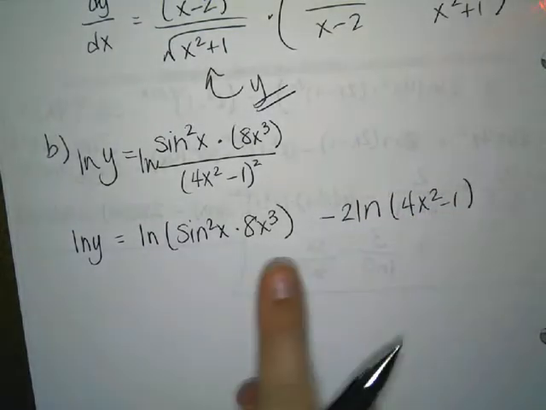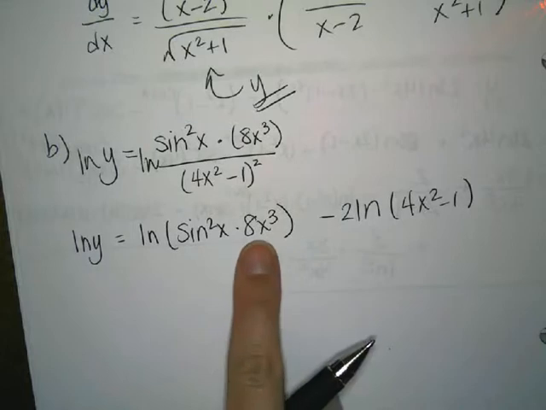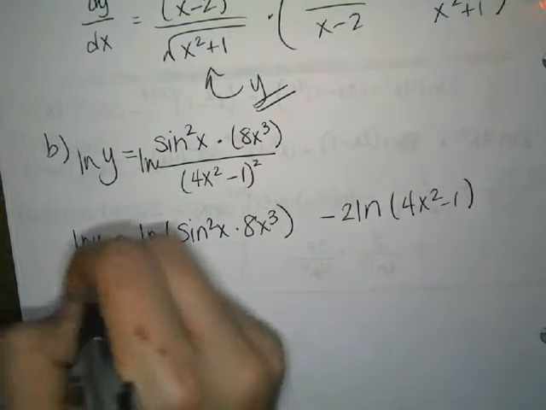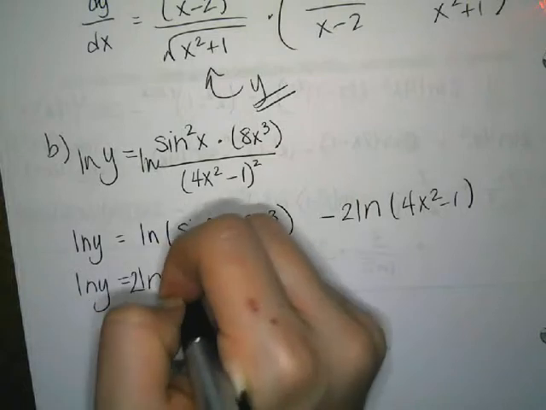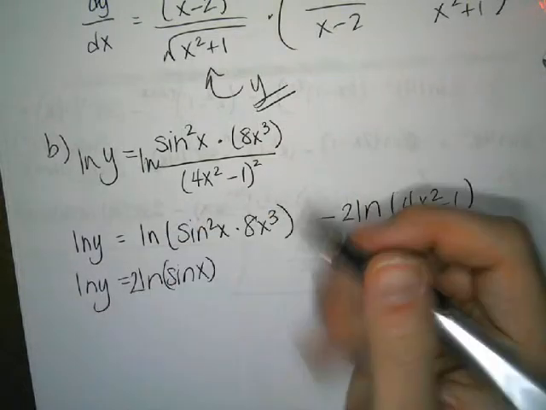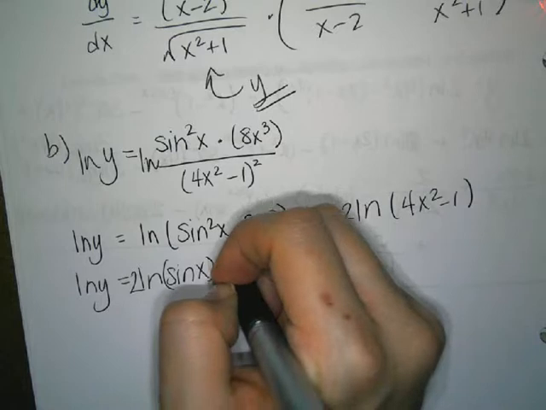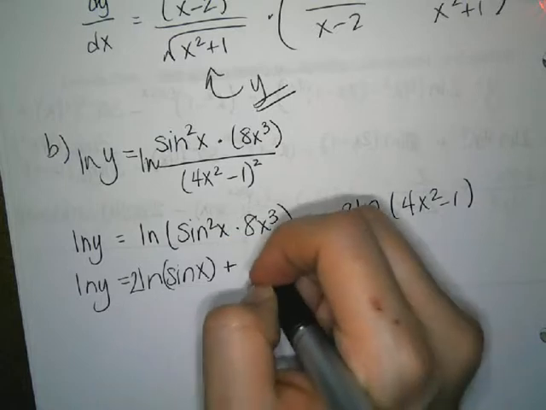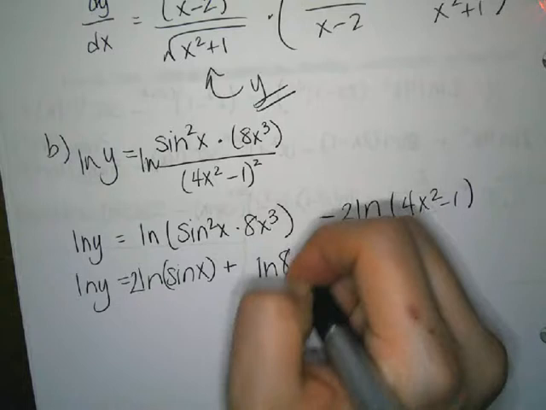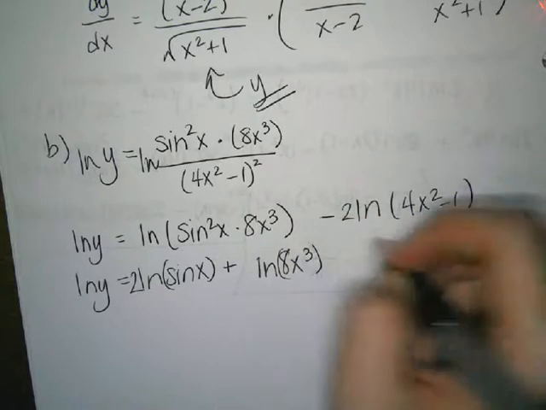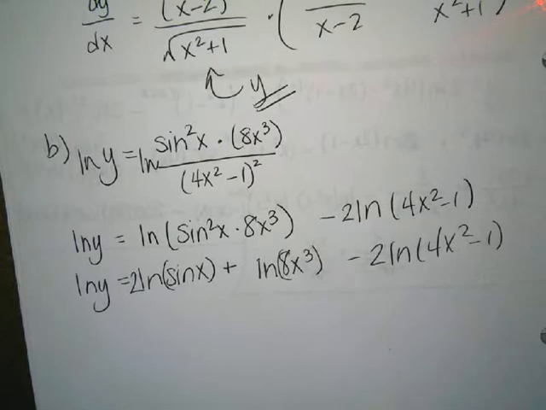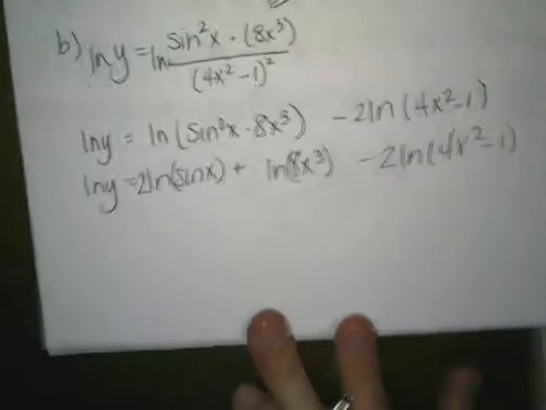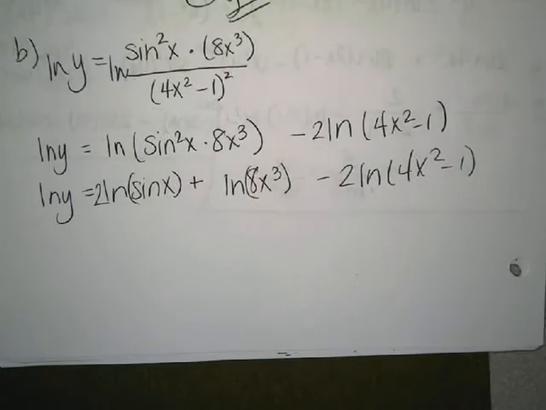And then we could break that up one more time because there's two things being multiplied. So you'd have that. Now we can go through and take the derivative of each piece.